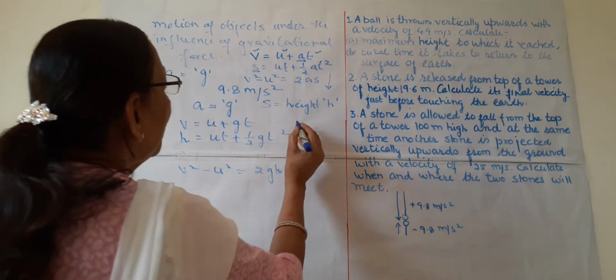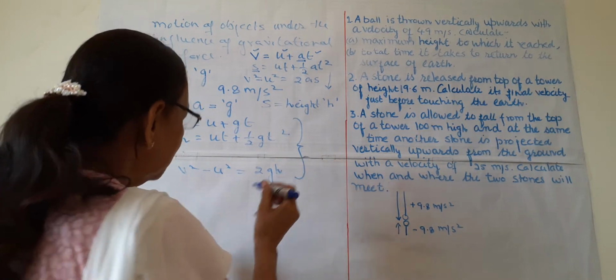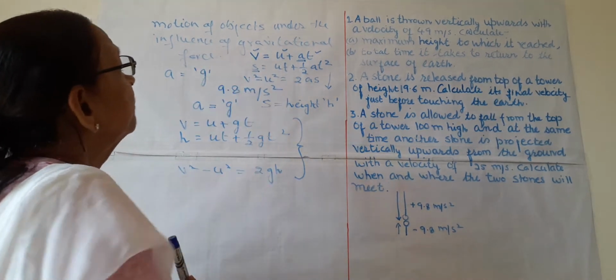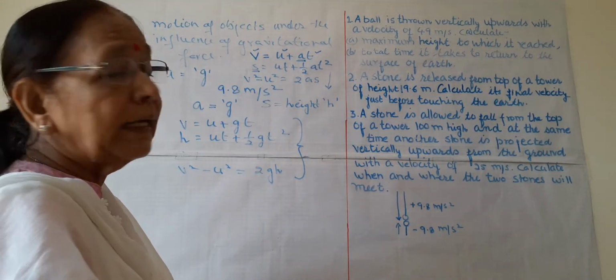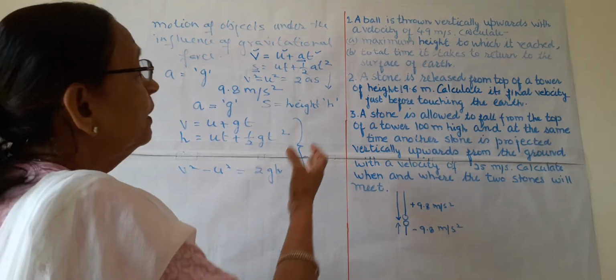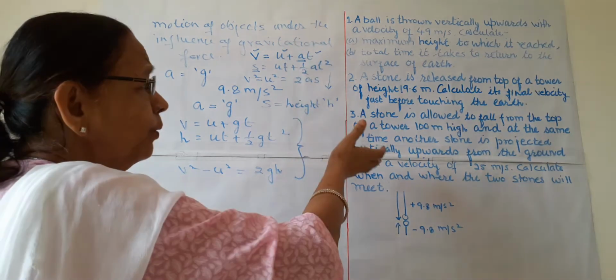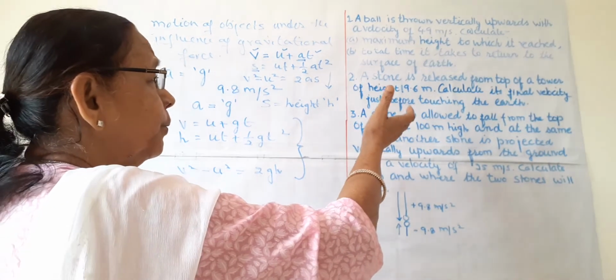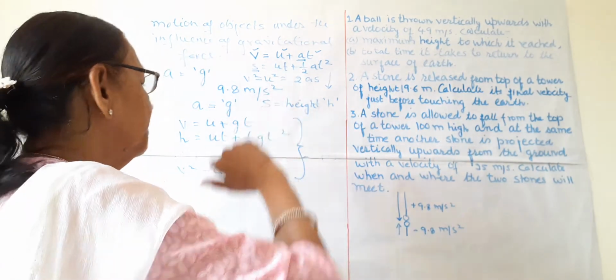So now we have these three equations of motion of Newton for the motion of objects under gravitational force. Now we will do the three numericals which I have written on this side of the board, one by one.